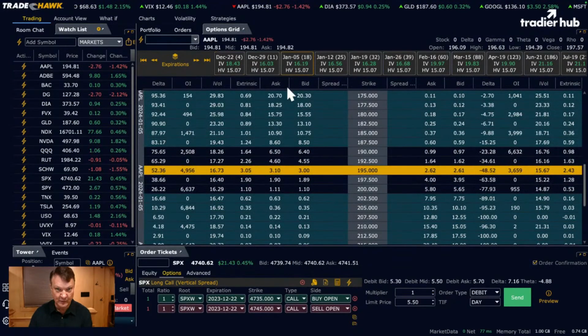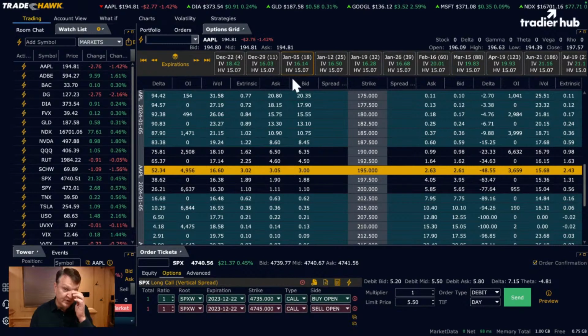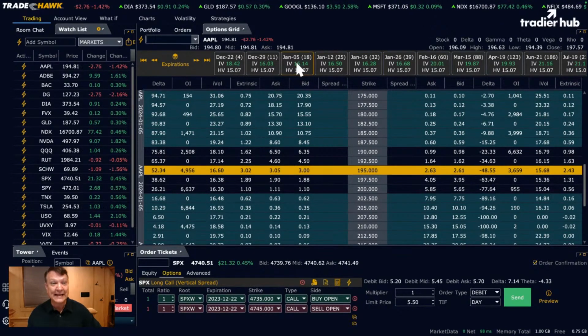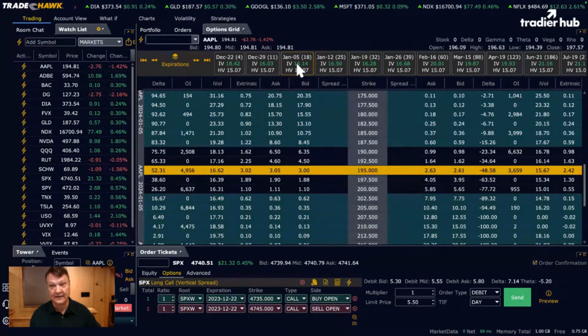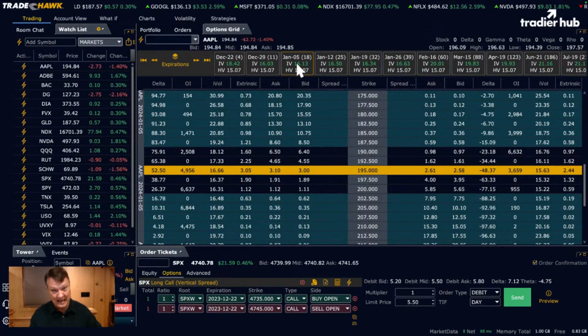We have many different expirations to choose from, and we covered that in the 101. But if I look at all these different expirations, I want to be pretty certain that if I buy this January 5th expiration, there's a reason why I think Apple could go up in price if I'm buying calls, or go down in price if I'm buying puts.